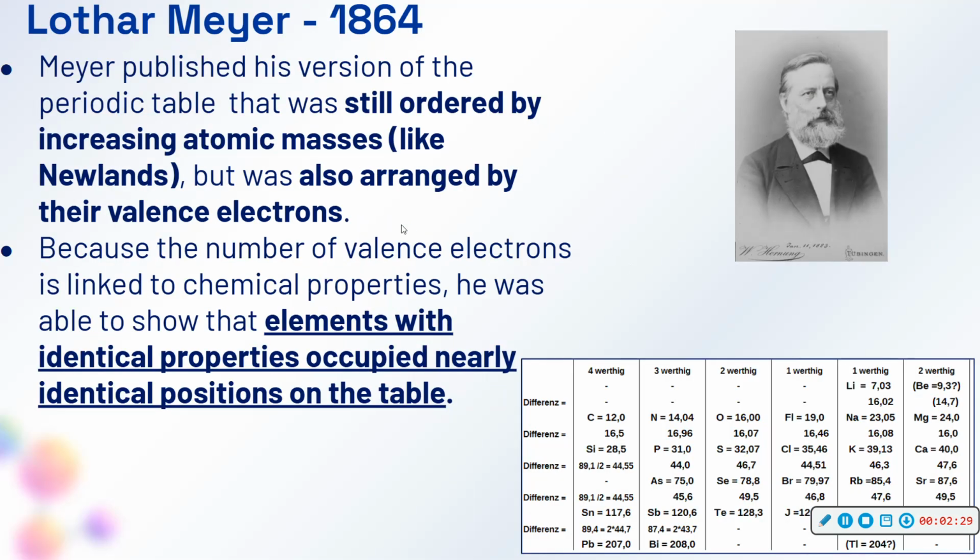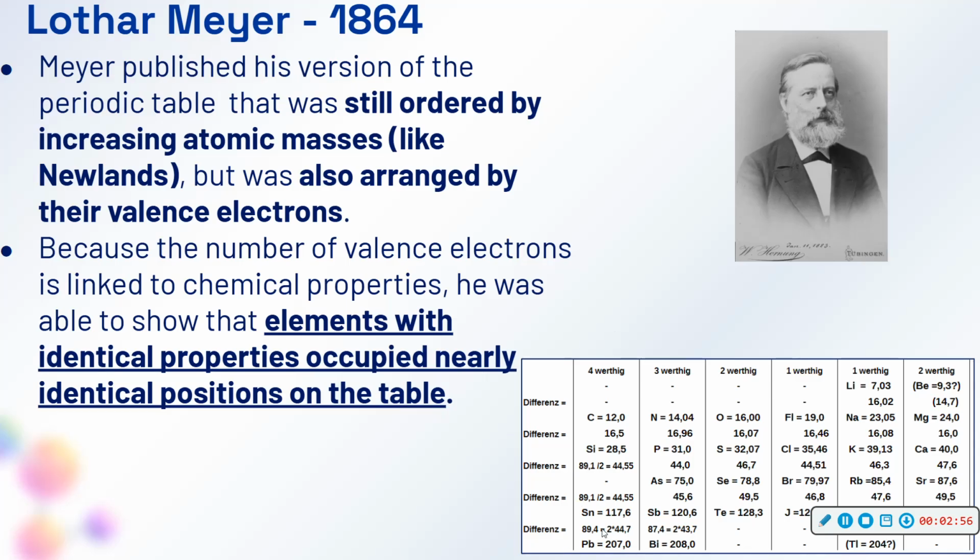All right, our next scientist is Lothar Meyer. This was just 1 year later. He still organized his elements by atomic masses, just like John Newlands, but he also arranged them by their valence electrons. So if we look at our periodic table here, we can see in this first group, he has carbon, silicon, tin, and lead.